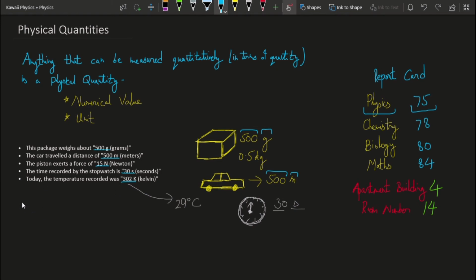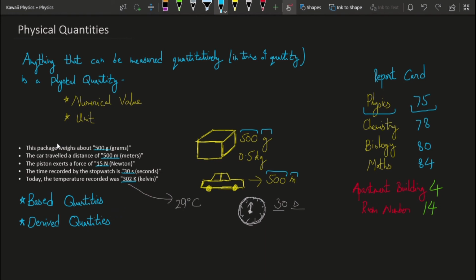Physical quantities are divided into base quantities and derived quantities.